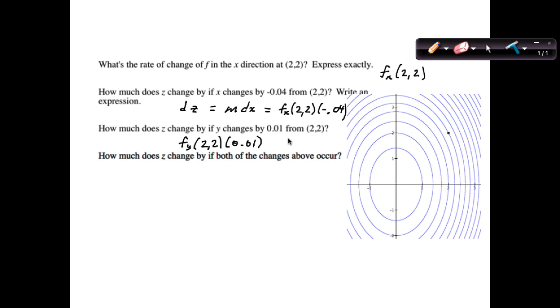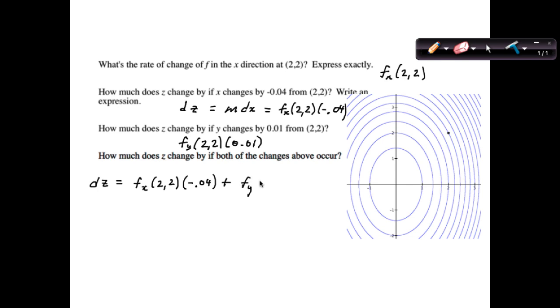All right, so now both changes are going to occur. We want to do both changes. How much will z change? So what is my dz? I want to write an expression that gives me the dz if both of those changes occur. Ryan, did you get it? Exactly. So it's going to be m dx plus m dy.